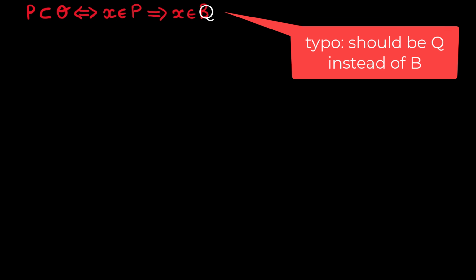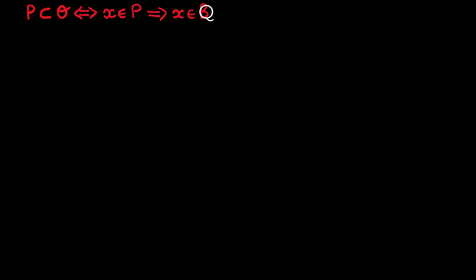There are a few things here that are worth unpacking as we go through this at a first pass. The first thing is this operator, the if and only if.